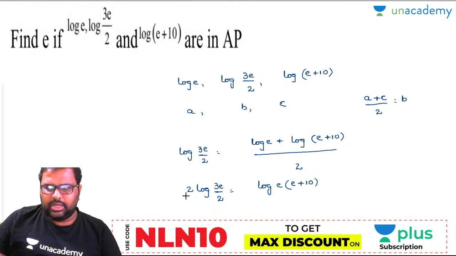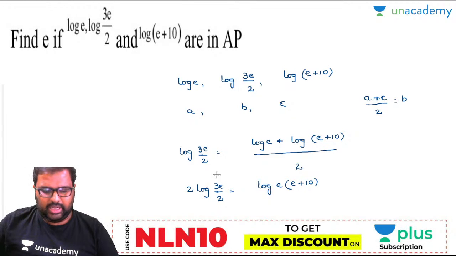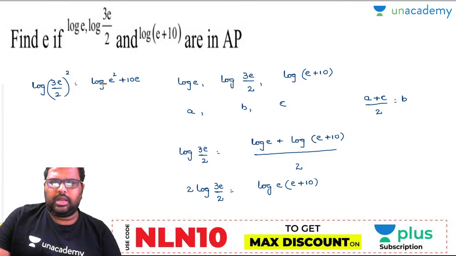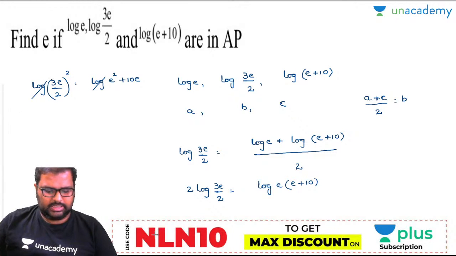So I'll write down here 2 into, this is in the format of n log a. Can I write down this as log 3e by 2 whole square is equal to log e square plus 10e. Yes, I can write down like this. At last finally log gets cancelled.